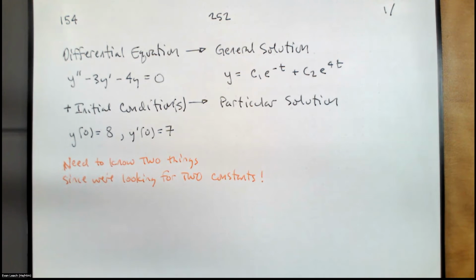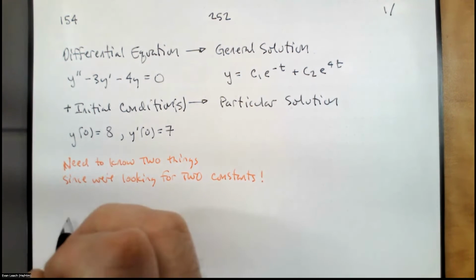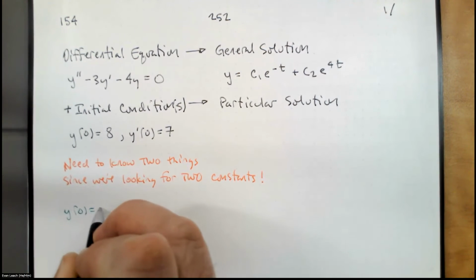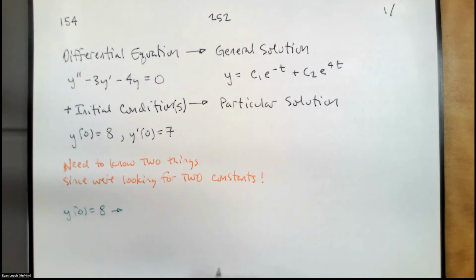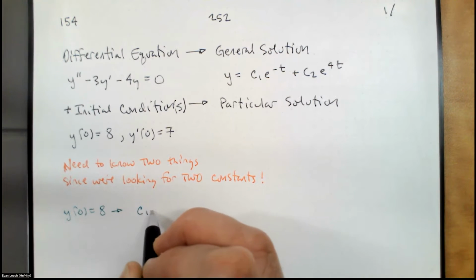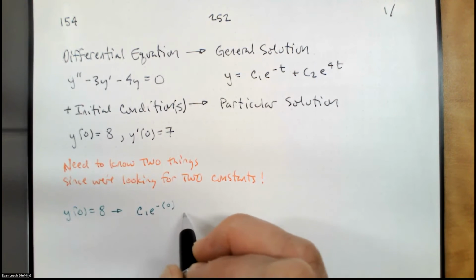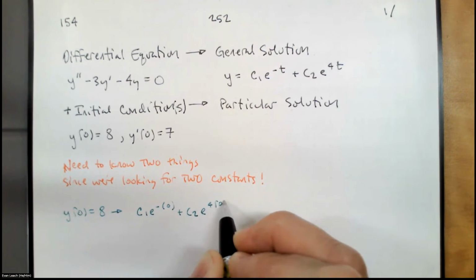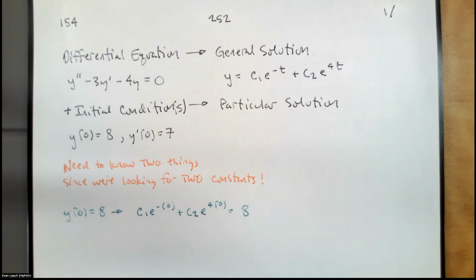So let's see how this works. Let's take that first piece of information that y of 0 is equal to 8. That means that if I plug in 0, c1 e to the negative 0 plus c2 e to the 4 times 0, we should come up with 8.